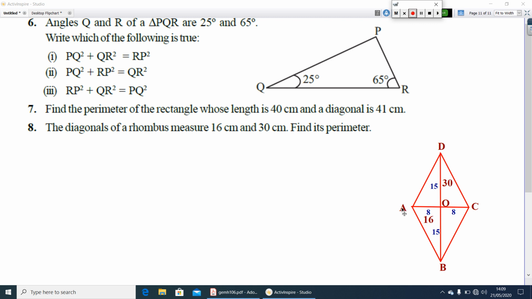So let AC be 16, then AO will be 8. Let BD be 30. So DO will be 15. So you will get a right angled triangle AOD. In right angled triangle AOD, you apply Pythagoras theorem, that is AD square is equal to AO square plus OD square. Then find out AD. After getting AD, 4 into side is its perimeter. So try to do it.